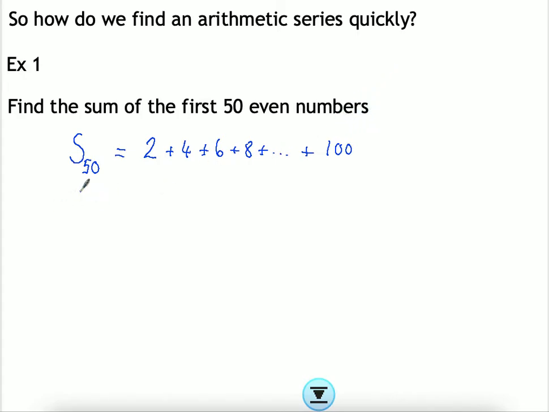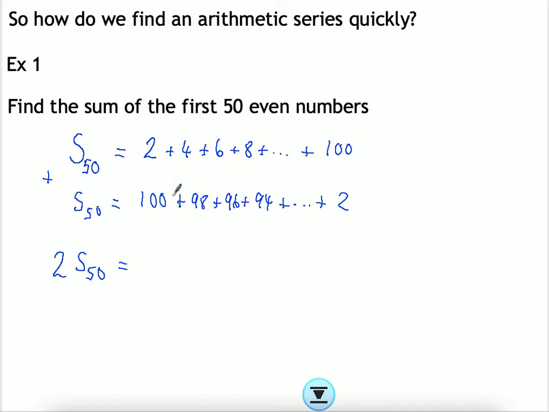What we're going to do is write it down again, but this time I'm going to write it in reverse order, which may seem a little strange to begin with. We're now going to add these two things together. So this is going to give us 2 lots of S 50.